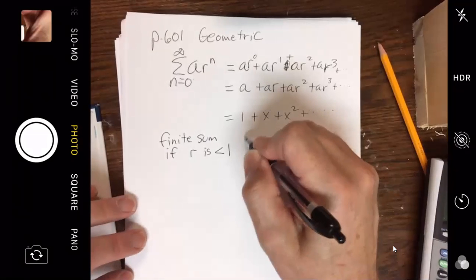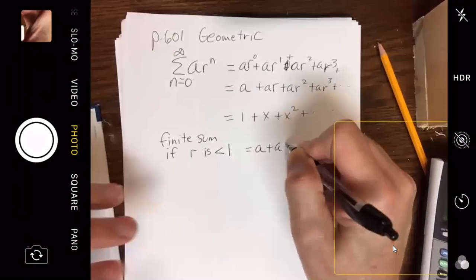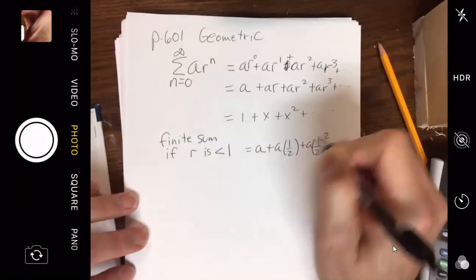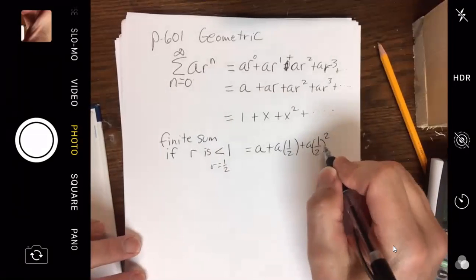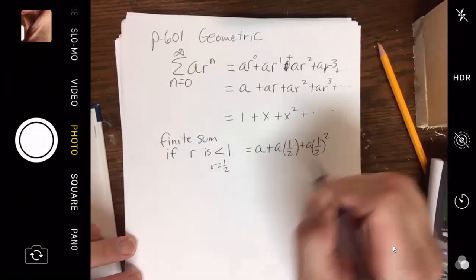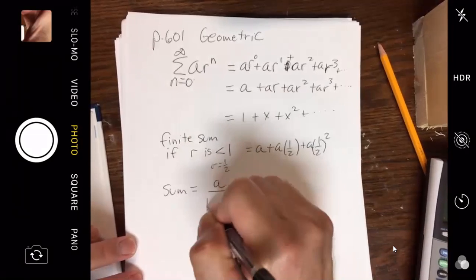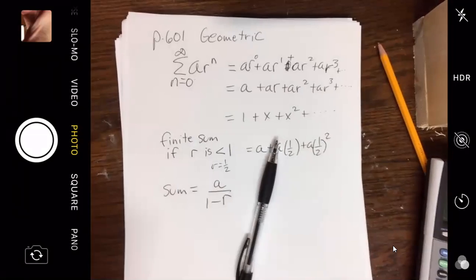You'd have a plus a times a half, plus a times a half squared. I'll use r as a half, a number less than 1. This is getting smaller and smaller and smaller. And the finite sum turns out to be a over 1 minus r. And they show that to you at the bottom.